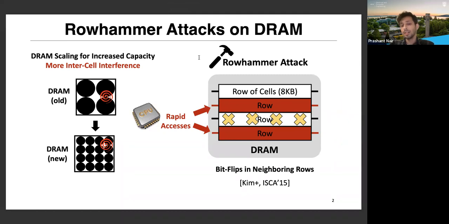This was demonstrated in ISCA 2015. This attack is called a row hammer attack, in which rows can be accessed rapidly and its neighbors can then be subject to bit flips. The rapidly accessed rows are called attacker rows or aggressor rows, and the victims are called victim rows.